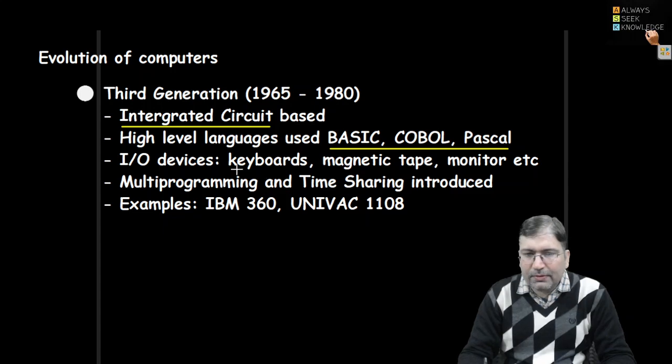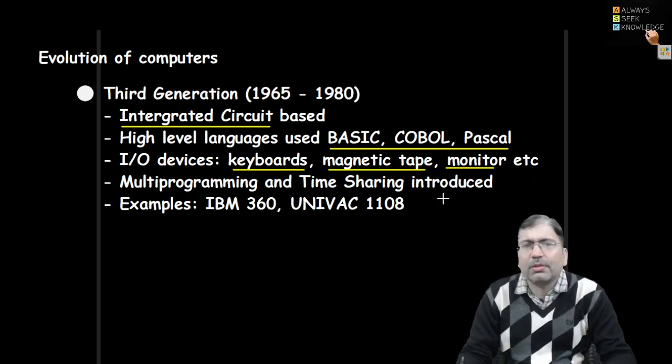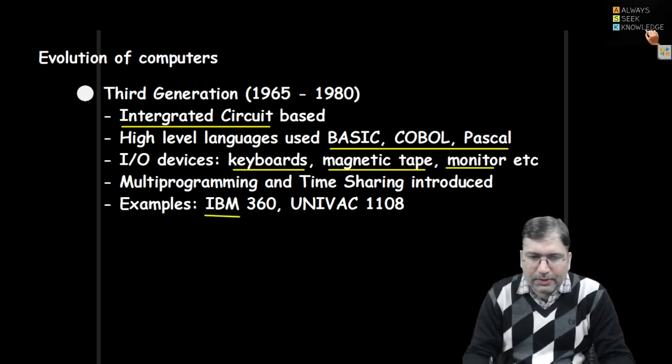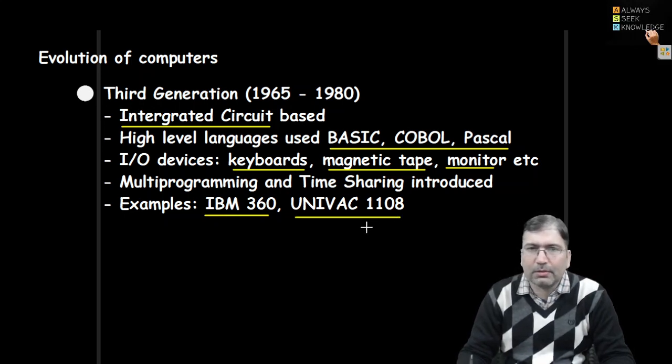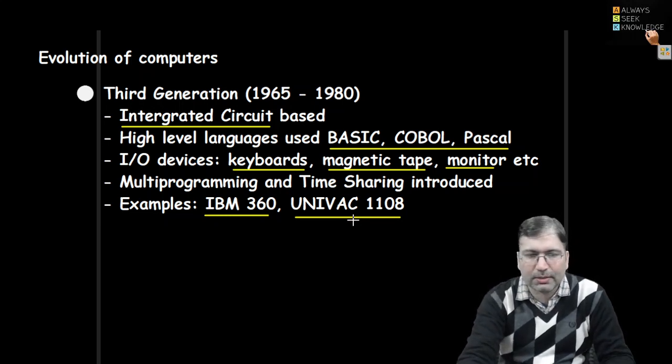Input devices used in these computers were like keyboards, magnetic tapes, monitors, etc. So like we use in modern computers nowadays also. Multi-programming and time sharing concepts were introduced in these computers. Examples we can consider are the IBM 360 and UNIVAC 1108.